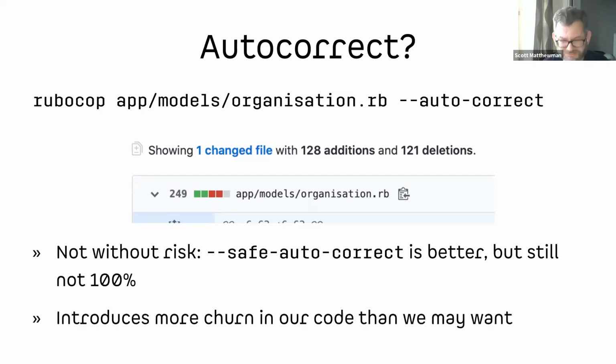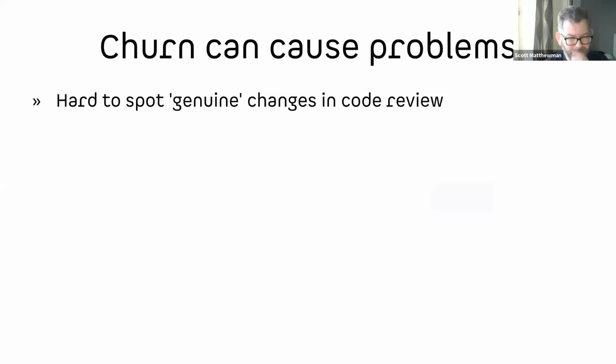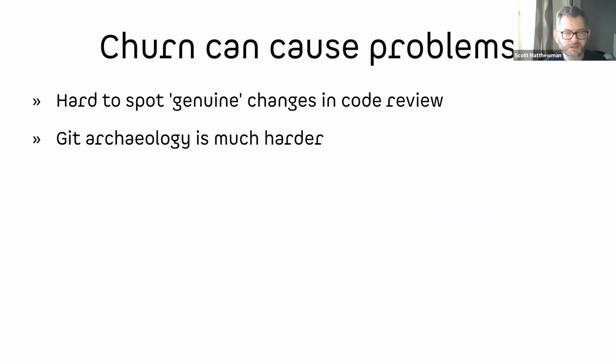And also, it introduces a lot of churn in our code, and that's something that we may want to avoid. Because that churn makes it harder to spot the actual changes that we're making. And so when it comes to pull requests and code review, that can be a nightmare.